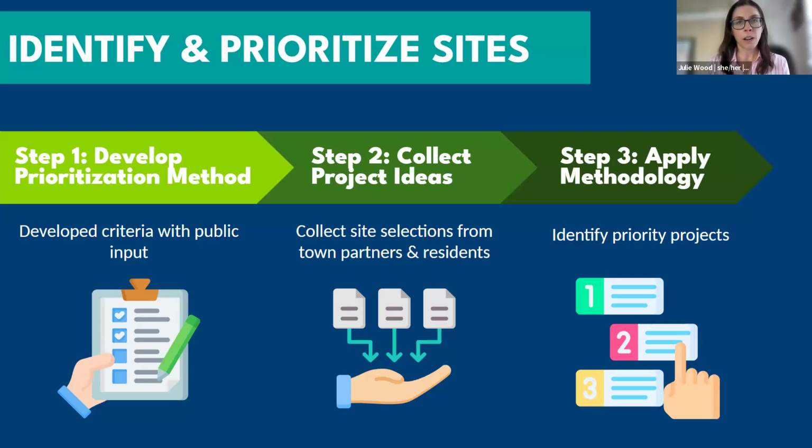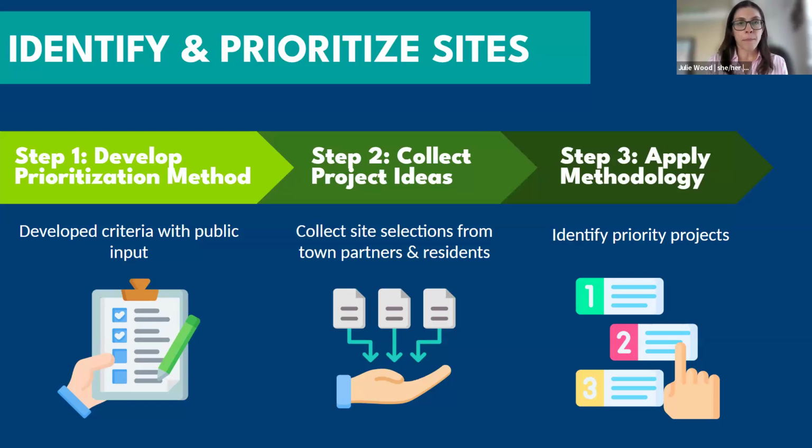So pretty early in our work, we wanted to identify some very actionable projects. So the pond outlets reconfiguration that you just saw would be in that category. We also identified some site projects. So how did we do that?